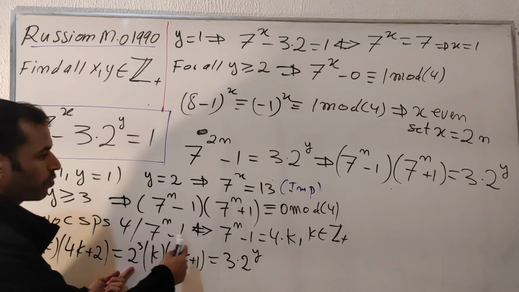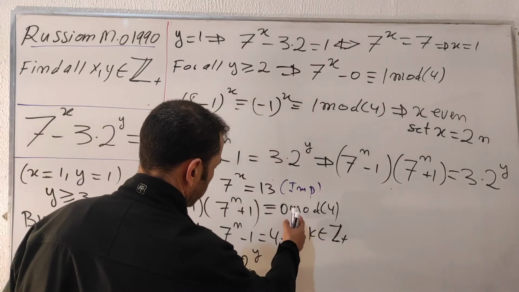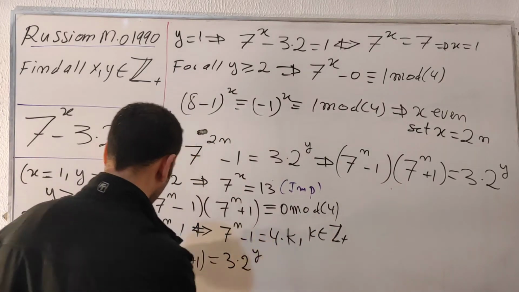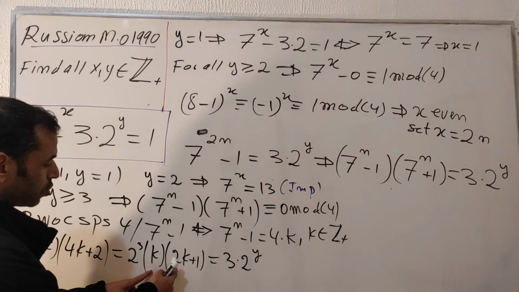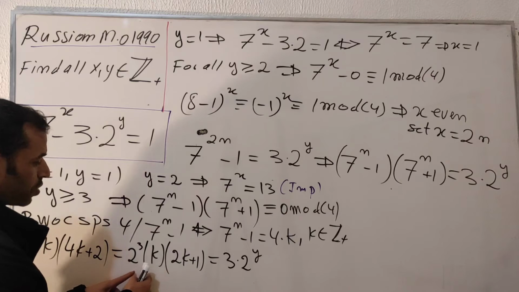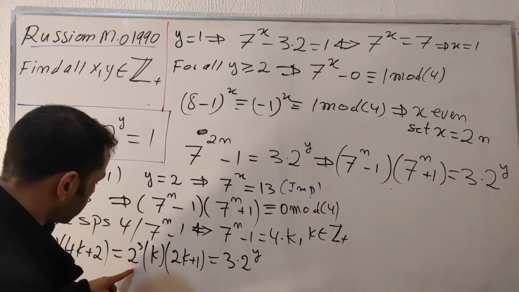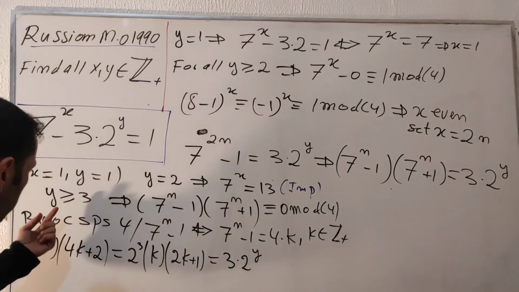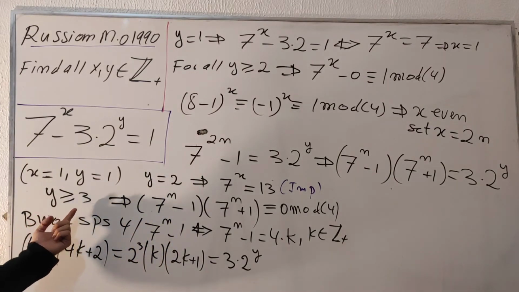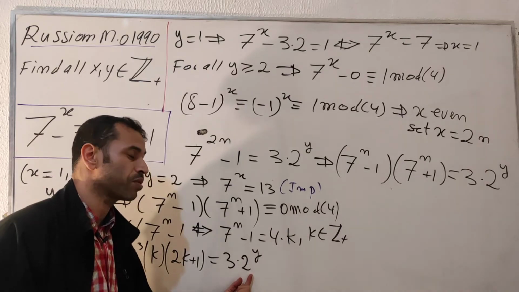If this is a multiple of 8, I will have 8 here, and I'm also going to extract another 2 out of here, which becomes 16. You cannot divide this by 16 while we have just y greater than or equal to 3, because if y equals 3, this one becomes not an integer.